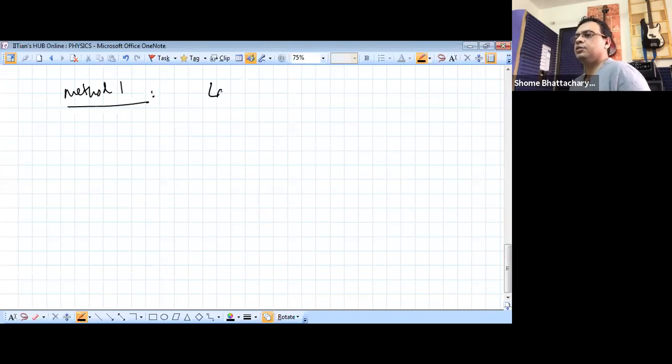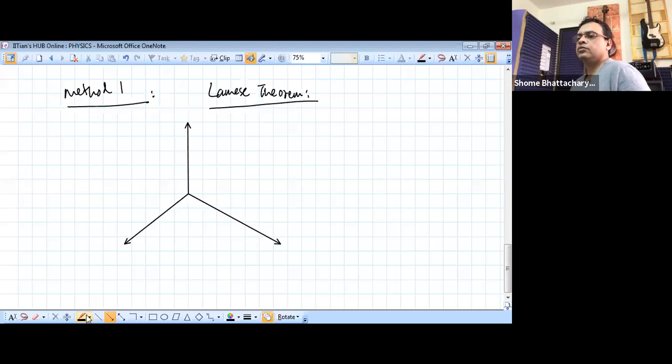So method 1 we can use is Lami's theorem. I'll just quickly remind you the statement of Lami's theorem: if we have the vector sum of three things, like three forces for example, equal to 0. Suppose we have the vector sum of A, B and C as 0, such that the angle opposite to A is alpha, the angle opposite to B is beta, and the angle opposite to C is gamma.